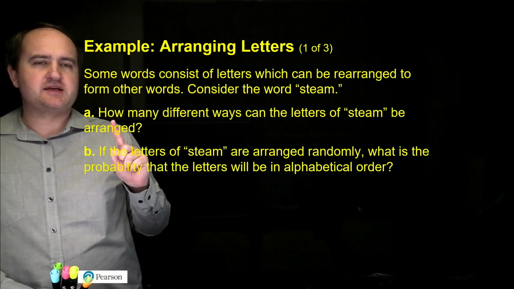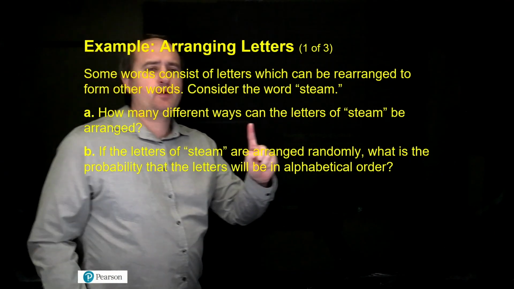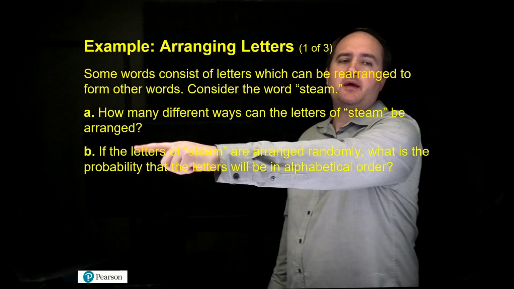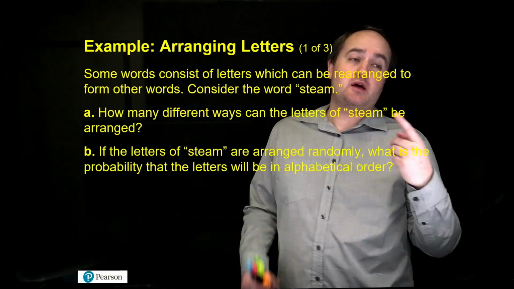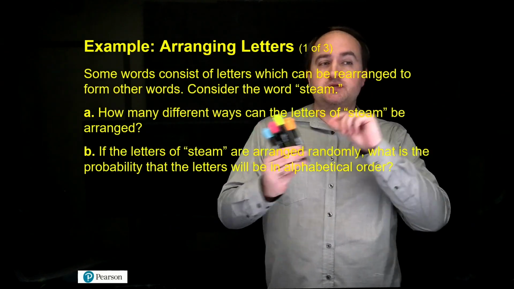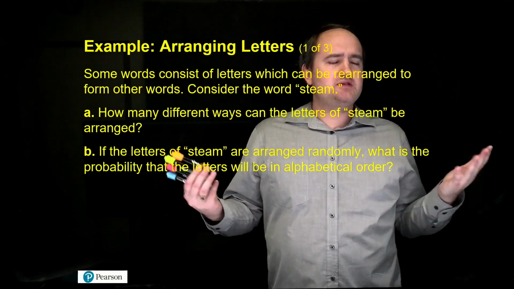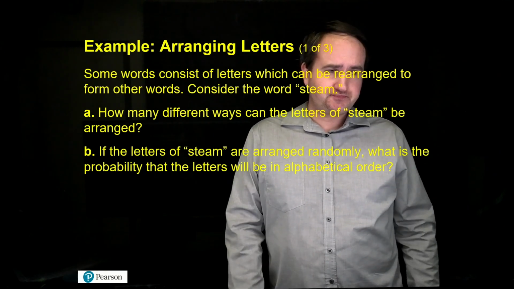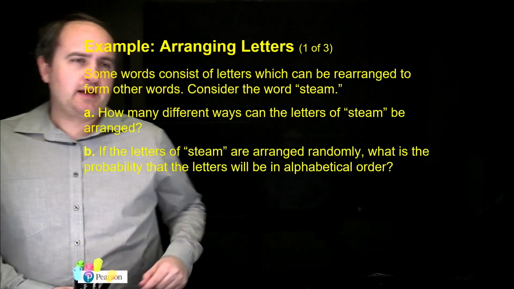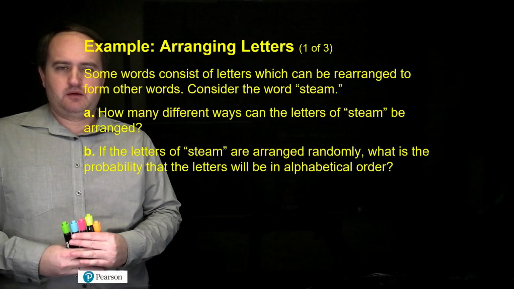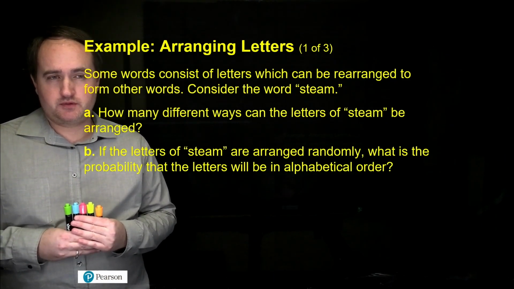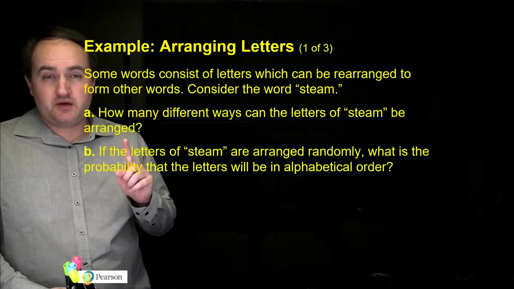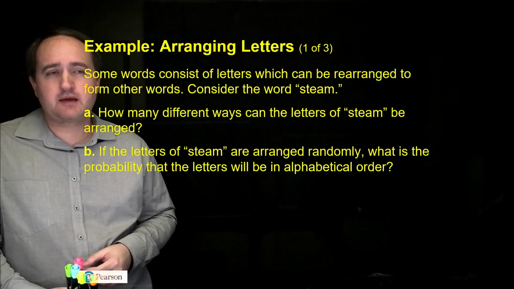Okay, so now that we've realized that, maybe we can answer their first question. So for part A, they ask us, how many different ways can the letters of steam be arranged? So they're not talking about words in the dictionary, they're just talking about how many ways can we arrange all these letters. Now, this is just like arranging the 5 markers. And when they say arrange, they mean in order, okay?